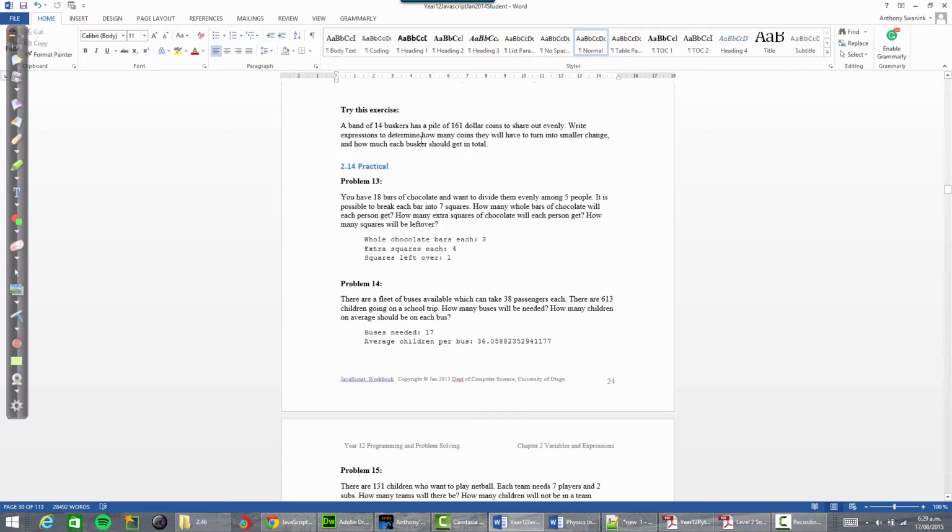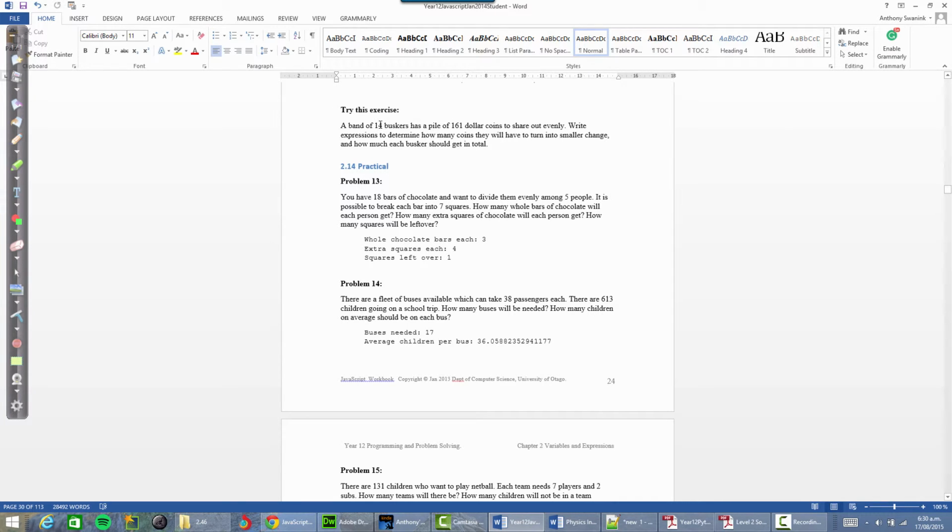Maybe that goes into the pool, and then the following day when they're busking again, once it gets over the 14, they can start to share it out evenly again. So we want to write expressions to determine how many coins they will have left over, and then how many each busker is going to get.